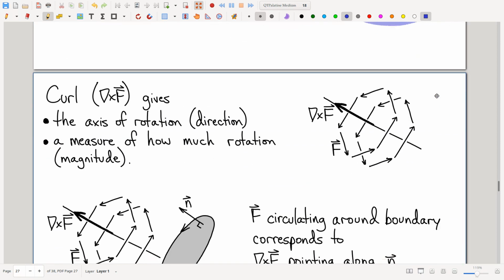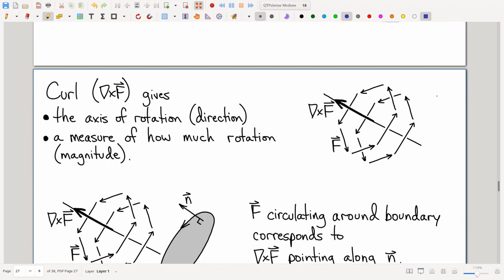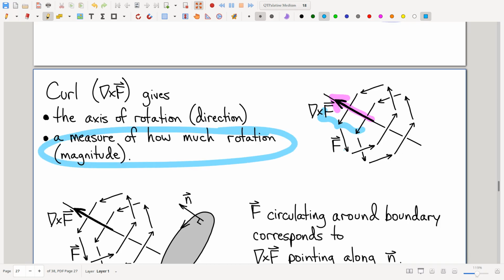Okay, so here is just a quick picture of how to visualize that. And you have a curl vector, sure, right? And yes, the curl vector has a magnitude, right? Again, the magnitude tells you, in some sense of the word, how powerful is the tornado, how much of a rotation of the fluid.